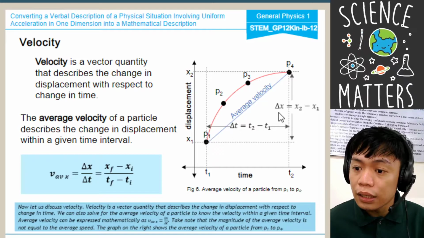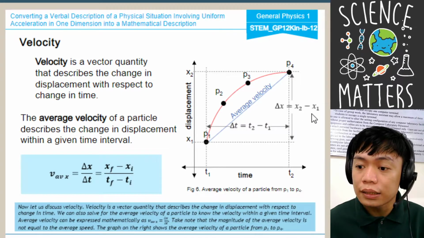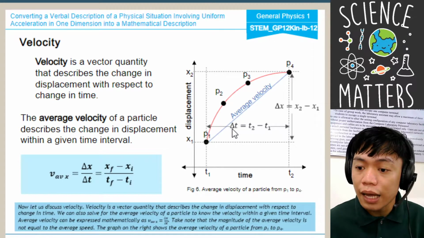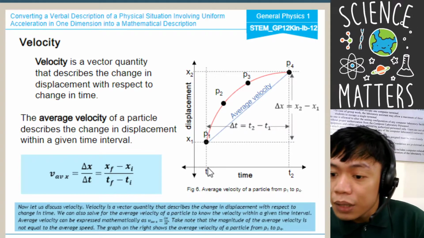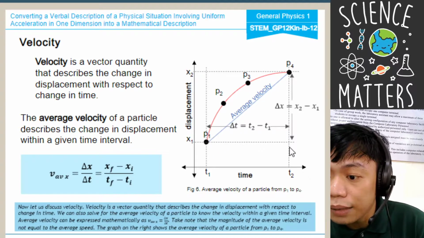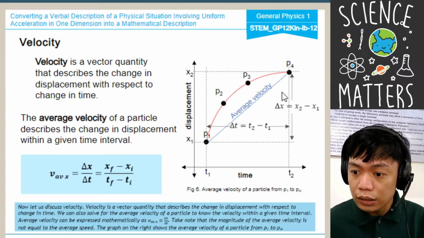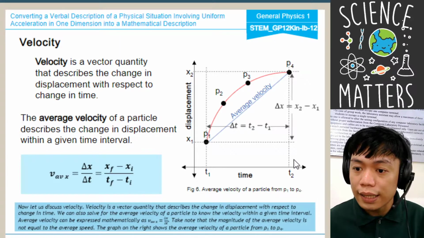So basically, the displacement will be x2 minus x1, and the time will be t2 minus t1. Dito yung position niya at t1, at dito naman yung position niya at t2, kung saan siya nakarating.